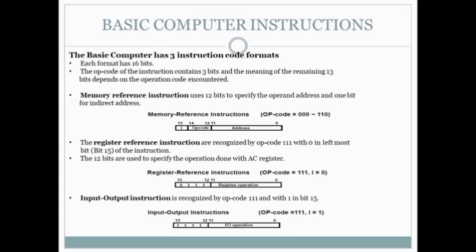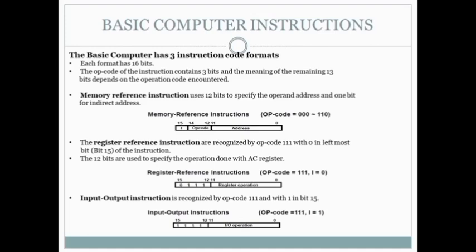Its opcode should be equal to 111, wherein its I should be equal to 0. It's dissimilar to the opcode of the memory reference instructions, because the opcode of the memory reference instruction should be in the range between 000 and 110.